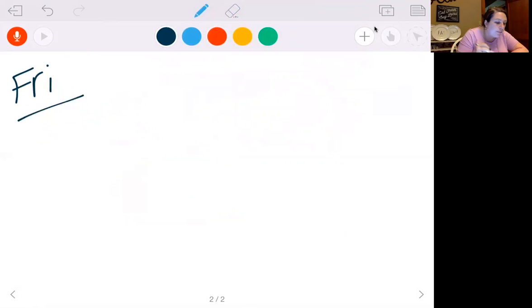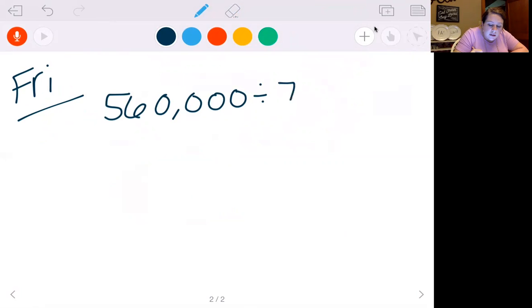Let's do 560,000 divided by 70. Okay, so I'm going to do my cancel out trick. Remember, it only works if I have zeros on both sides of the division sign.